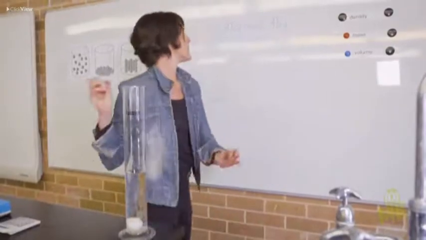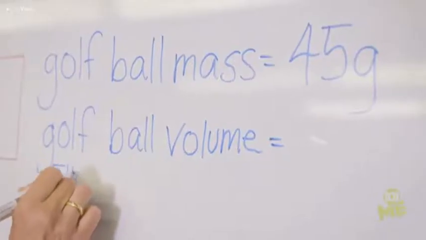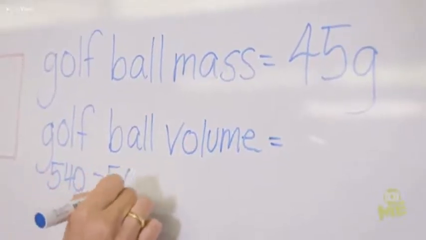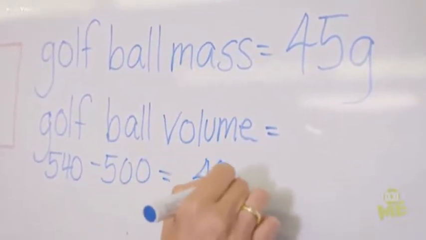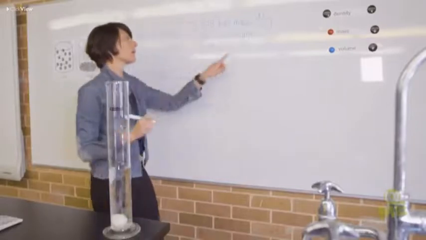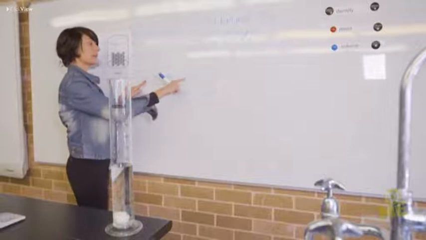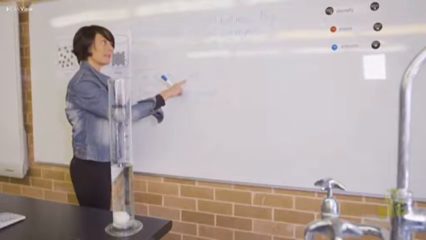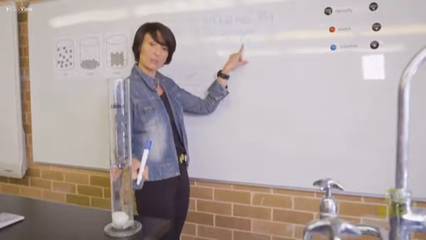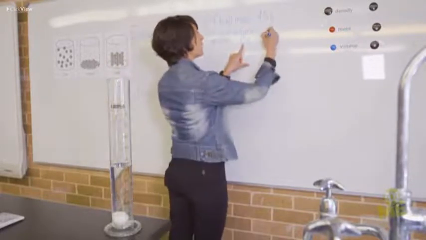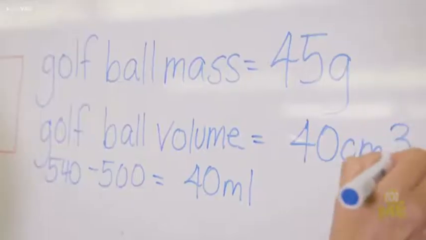So to work this out, 540 mils minus 500 mils is 40 mils. If 1 ml of water equals 1 cubic centimetre, the 40 mils that the golf ball displaced would be 40 cubic centimetres.